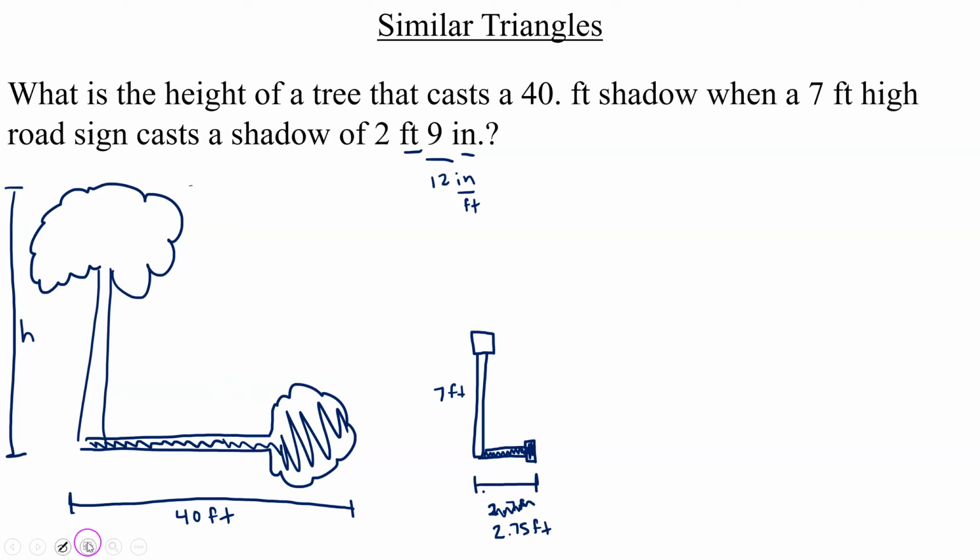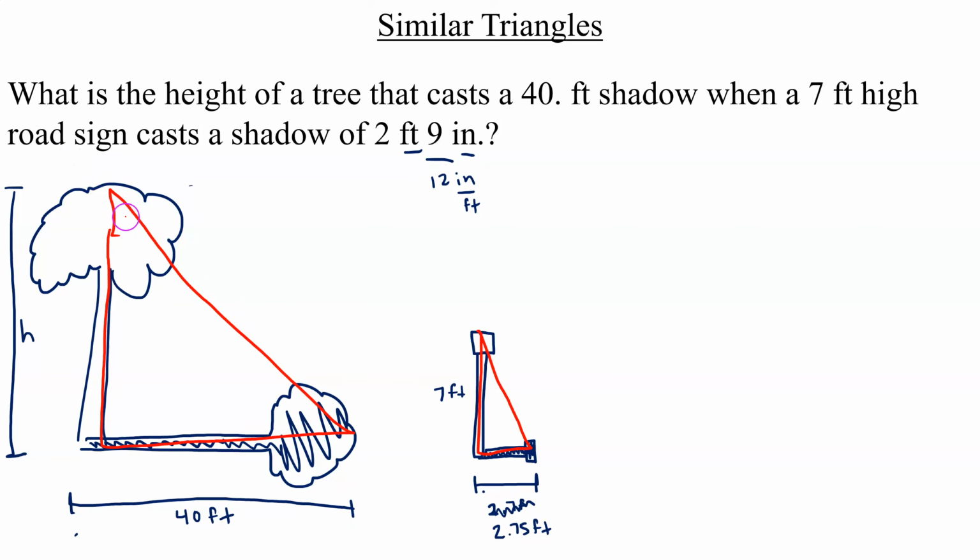So what we have here are 2 triangles. Let me outline them in a different color so you can see. We have a triangle here, and we have a triangle here. And furthermore, these are similar triangles because shadows are created when an object gets in the way of the sun.